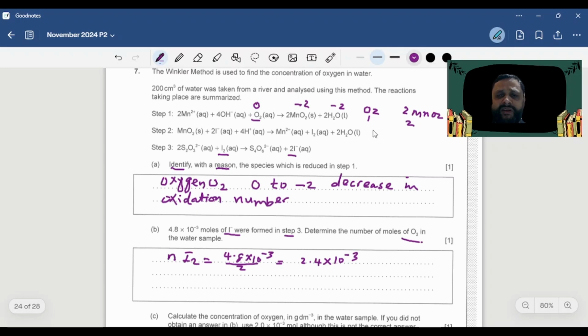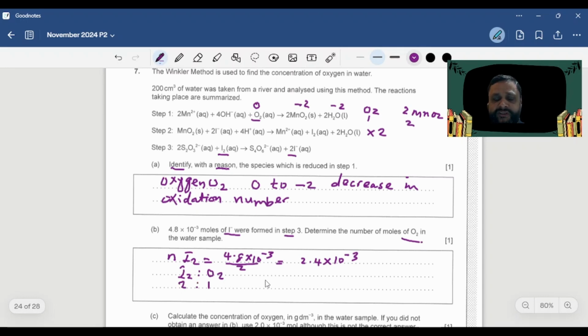So we can multiply equation 2 by 2 to simplify things. If we multiply by 2, you can see 2 moles of MnO2 will give us 2 moles of iodine. So the ratio between iodine and oxygen, I2 to O2, is 2 to 1.